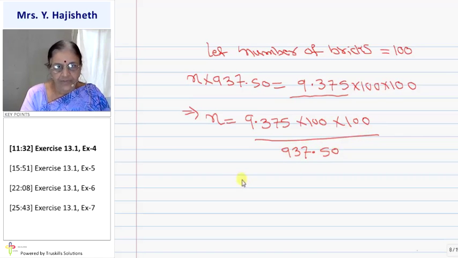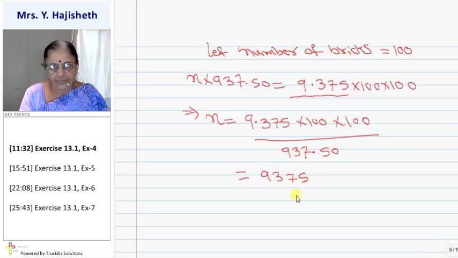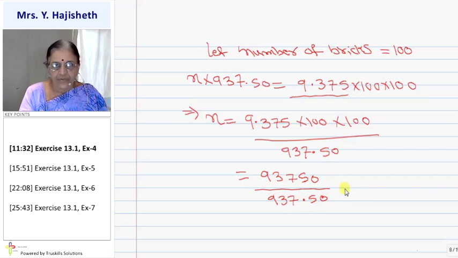When I multiplied with 100 by 100, so 4 decimal, so my answer is 93750 divided by 937.50. So my answer is 100.